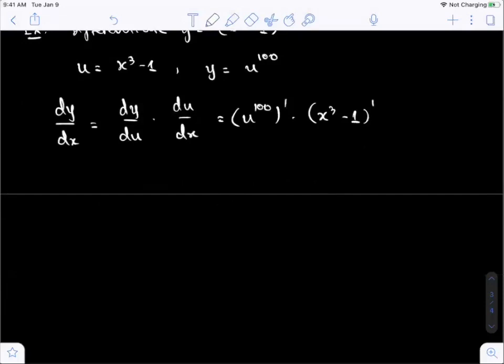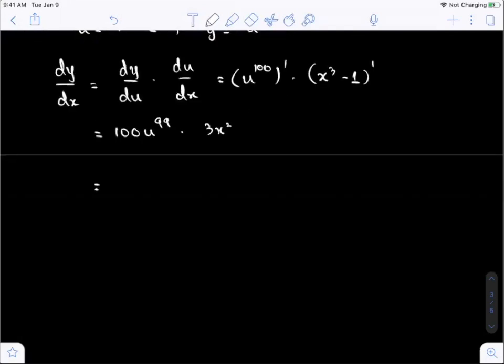So that is 100 times u to the 99 times x cubed minus 1 prime, which is 3x squared. And u is equal to x cubed minus 1. So you get 100 times x cubed minus 1 to the 99 times 3x squared.